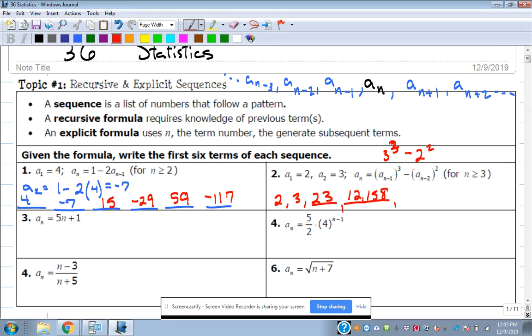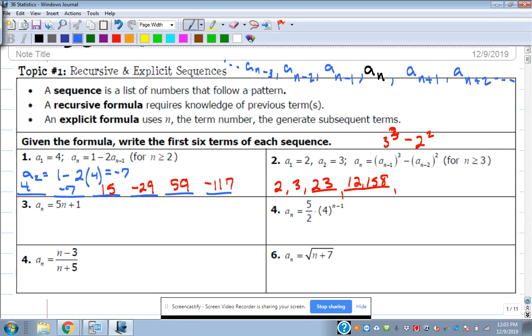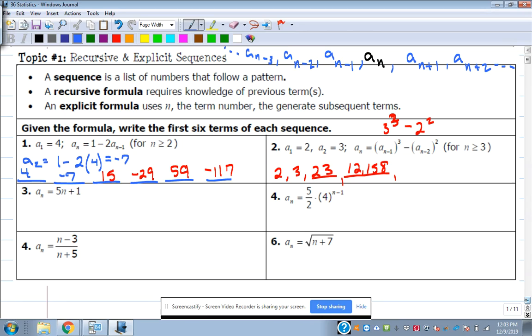When you look at number 3, it is an explicit formula because it only has the n in there. So to find the first term, you plug a 1 in for n. Find the second term, plug a 2, 3, 4, up to 6. So your terms are much easier to find.